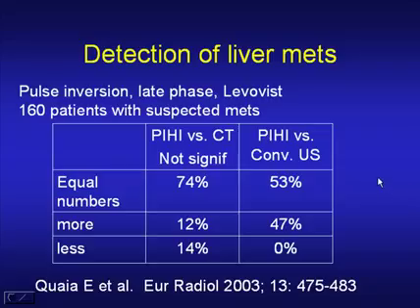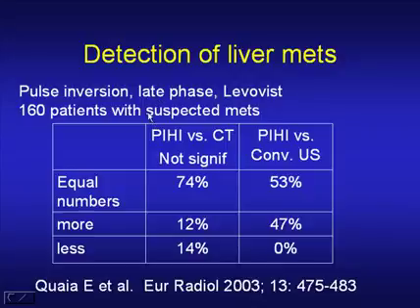Now, there have been a number of studies done in Europe and in Asia using ultrasound contrast looking for liver metastases. This is a study in which I took part looking at the first generation agent and comparing with spiral CT.